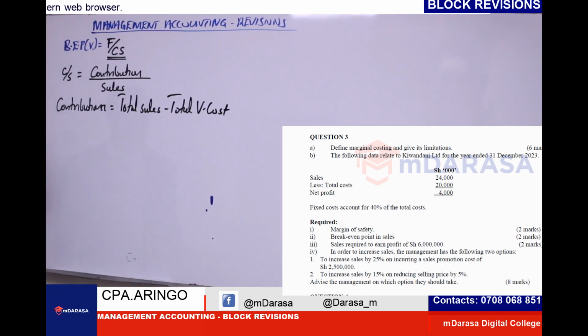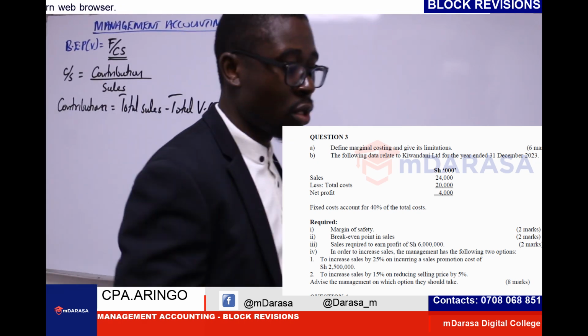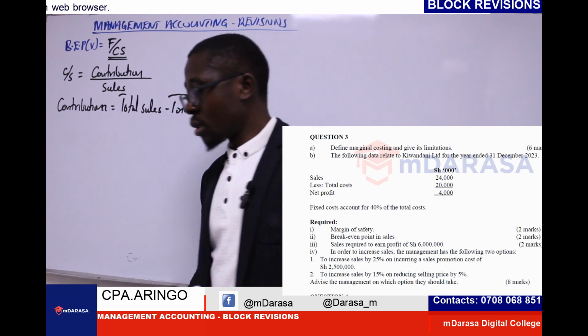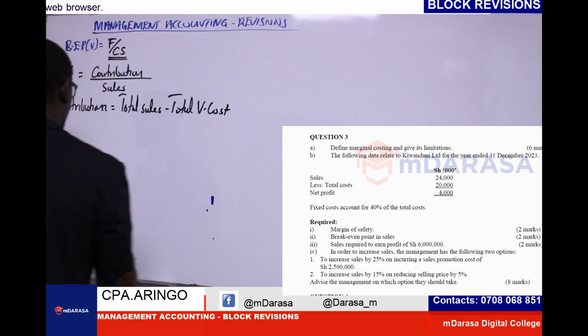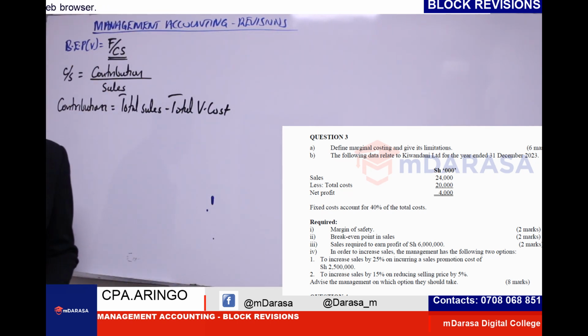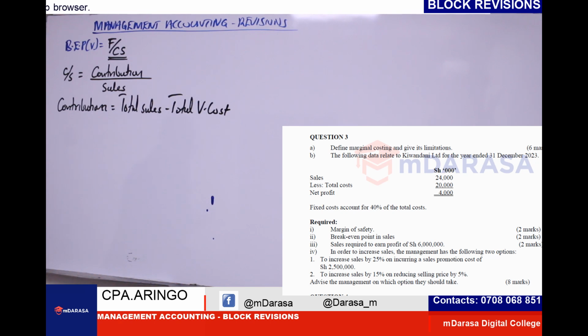Total sales minus total variable cost will always give you contribution. In our case, if you look at our note just below, we are told that the company's fixed costs account for 40% of the total cost.